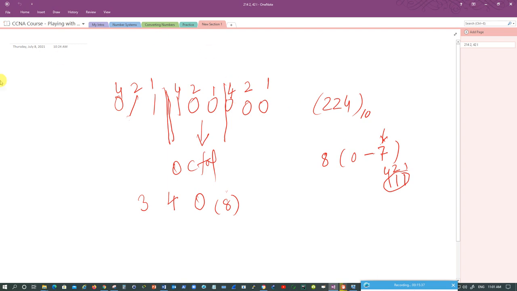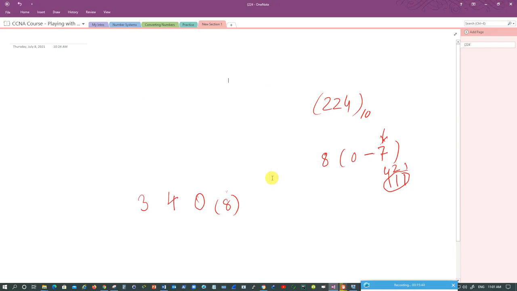You just delete this one, and now we'll go for hexadecimal and see what we'll get there. The digits that we had for 224 were 111 and 5 zeros.